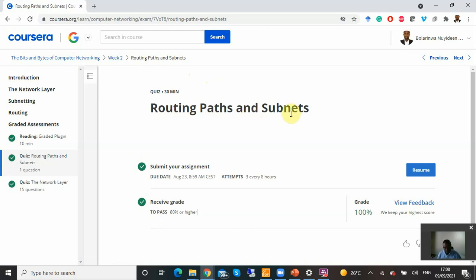First of all, before we proceed, we should understand the classes of IPv4 network addresses. We have about 5 classes of IPv4 network addresses. We have a class A IPv4 address.